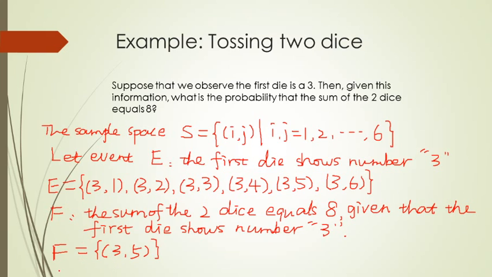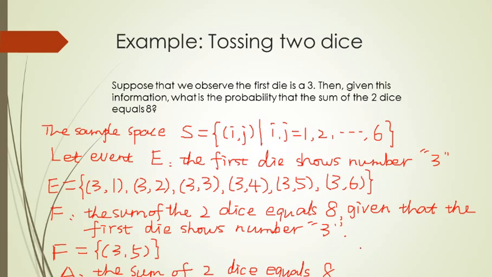If I define another event here, the sum of two dice equals 8 without giving any information. What is this A?